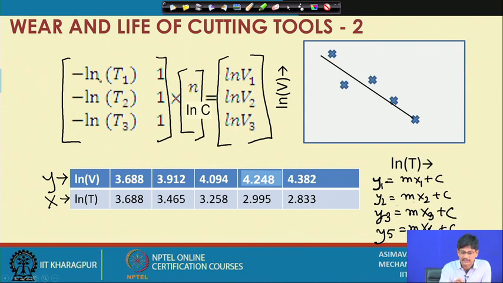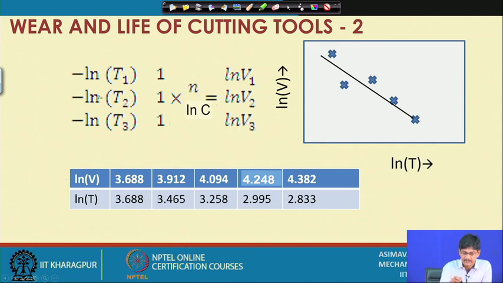If we multiply it this way, that is minus ln t1 into n, plus 1 into c is equal to ln v1. This one into this one is equal to the second one. So, row by column multiplication yields these things.